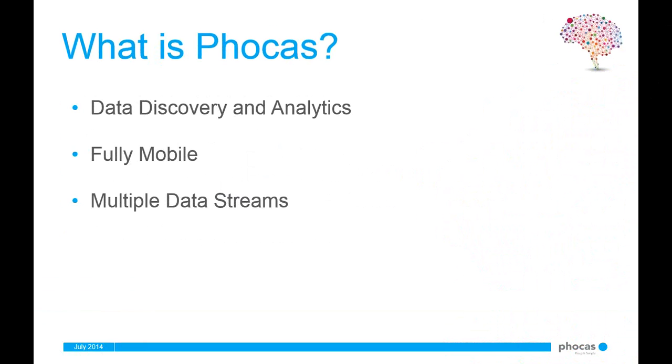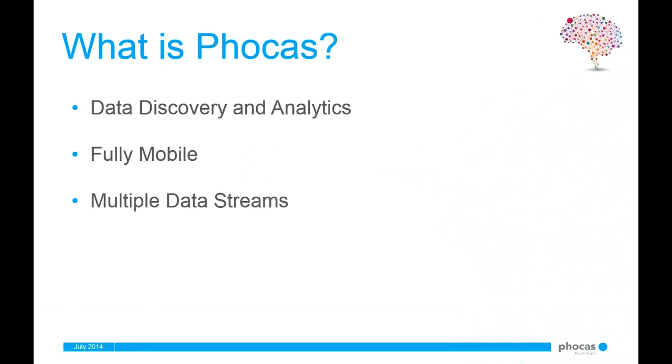The solution is fully mobile, meaning that as long as you have a browser and internet connection, you can access Phocas. So tablets, iPhones, Samsung tablets, laptops, desktops, as long as there's a browser and an internet connection, you're fine. Multiple data streams. We can take data from multiple data streams.